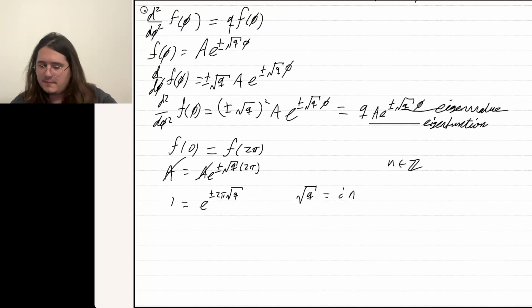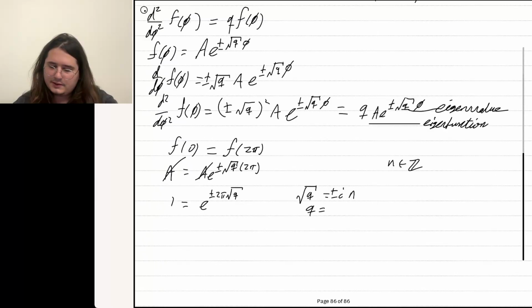That's also plus or minus n because of the plus or minus inherent in the eigenfunction, which means if you square that, the only values you could have for q are n squared, or plus or minus n squared.